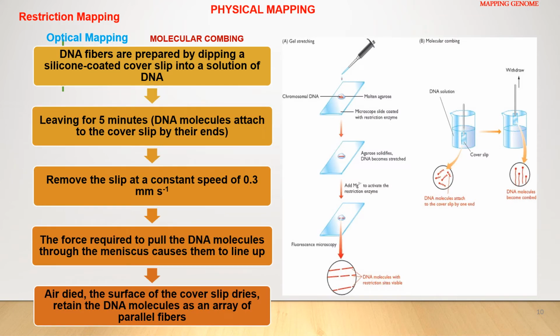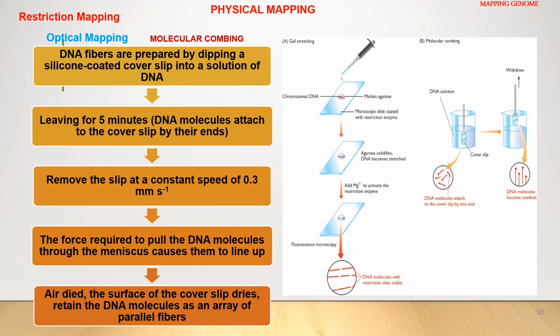Another method for stretching DNA for optical mapping is molecular combing. In this method, the DNA fibers are prepared by dipping a silicon-coated cover slip into the DNA solution. It is left for 5 minutes to allow the DNA molecules to attach themselves to the cover slip by their ends.